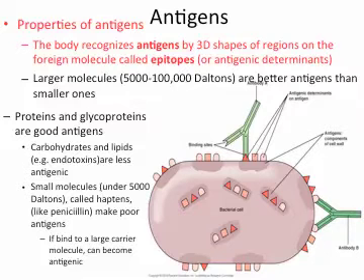But not only proteins can be antigens. You can be a glycoprotein. That could be a good antigen. So a glycoprotein is just a big protein with carbohydrates or sugars sticking in it. Lipids, so that's fats, those can be antigens, but they're less antigenic than a protein antigen.